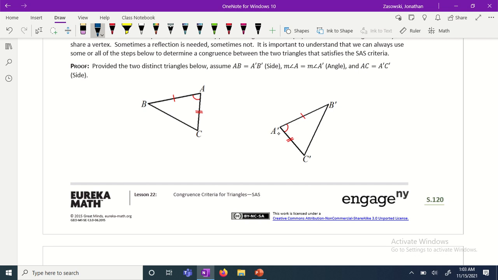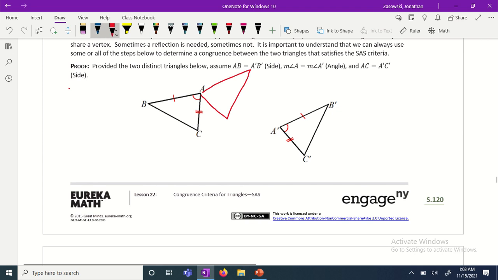But the way the book tells it is kind of the easiest way that I think I would describe it, and we'll see the moves on the next page. If I were to take this triangle, I would want to slide it over to have one of the angles or one of the points overlap. And then I would want to rotate this triangle so that these two sides overlapped.